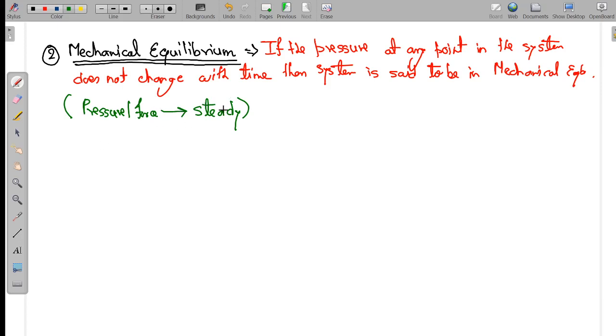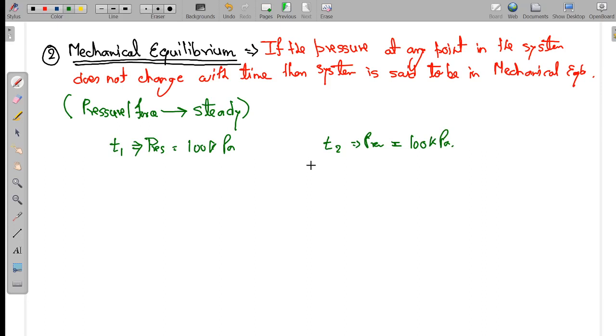It means if I am measuring the value of pressure at time t1 at any point, and the pressure is 100 kilopascal, then at time t2 the pressure should be 100 kilopascal at that point. So with respect to time, pressure is not changing at a particular location.